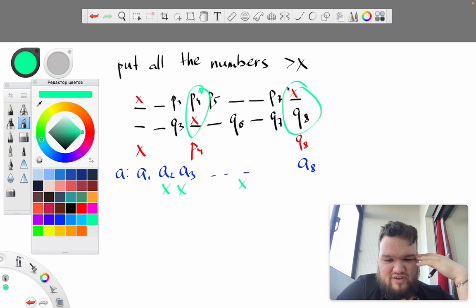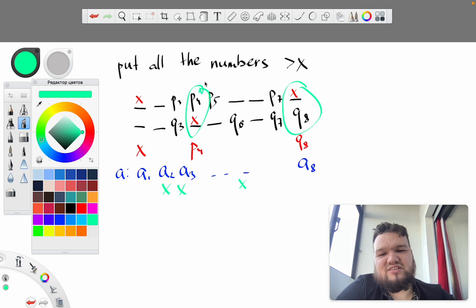Okay, how do we find those? Well, we know them. We can just maintain, for example, the set of positions that are occupied only by P to insert something not necessarily in Q, and the other way around for Q.